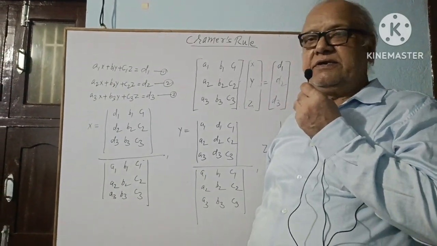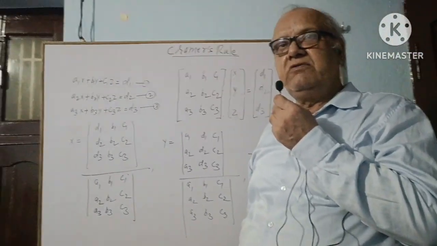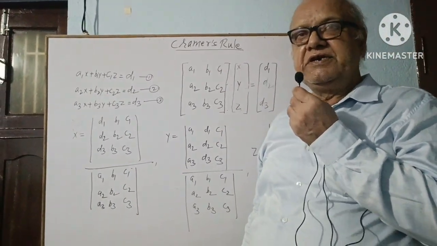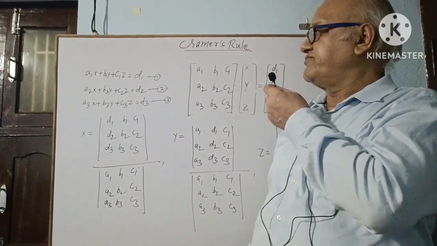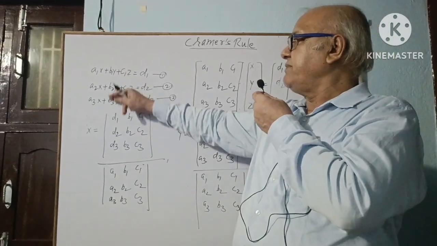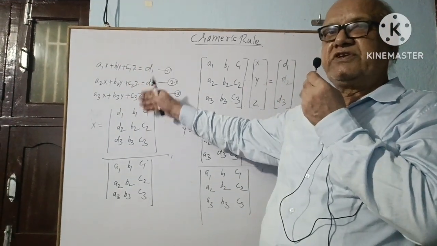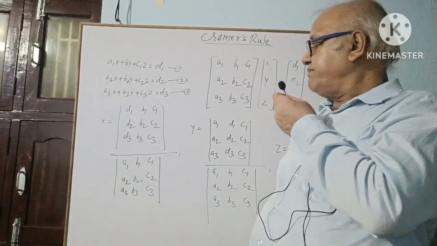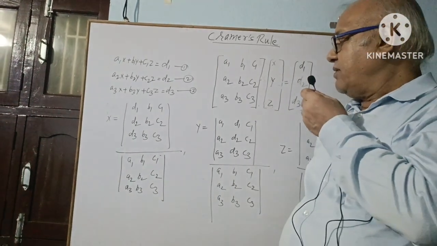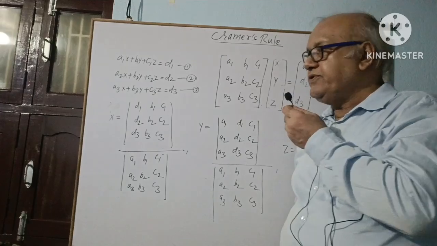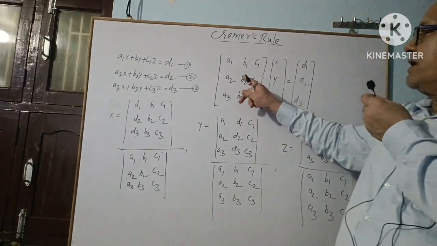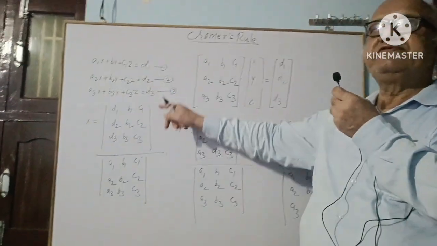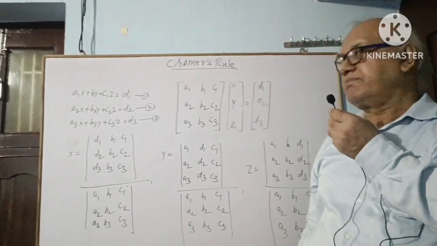Now suppose that we have to find the values of x, y, z in terms of these constants a1, a2, a3, b1, b2, b3, c1, c2, c3 and d1, d2, d3. So Cramer's rule states that first of all we should write these three equations in matrix form.